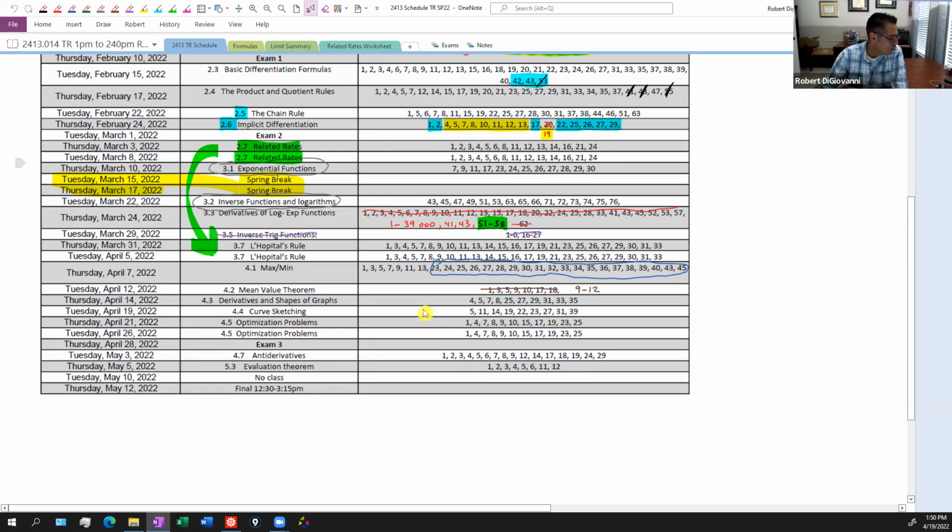Maybe just 1 through 5, 1 through 5 odd, or just 1 through 5. I don't foresee that this would be something that would come back to haunt you. Like in Cal 2, it's not going to come back to haunt you that you didn't do this complicated curve sketching. All right, we got to move on.